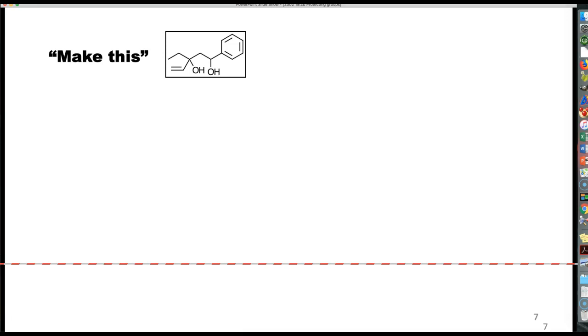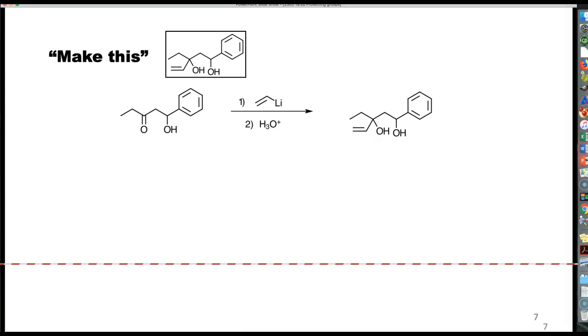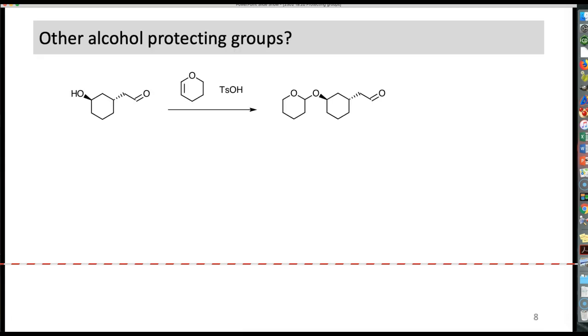All right, what next? Well, get back to our little example here. If we just protect that alcohol, we should be able to go ahead and make our Grignard go. All right, well, silyl ethers are but one possibility. Another possibility is to use this protecting group.